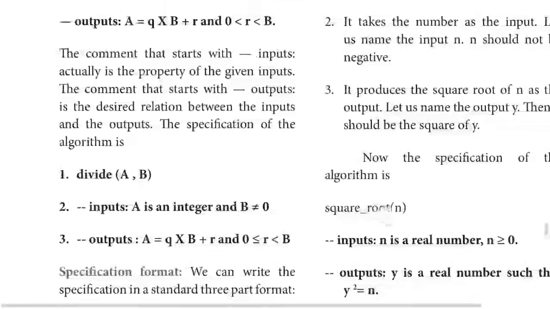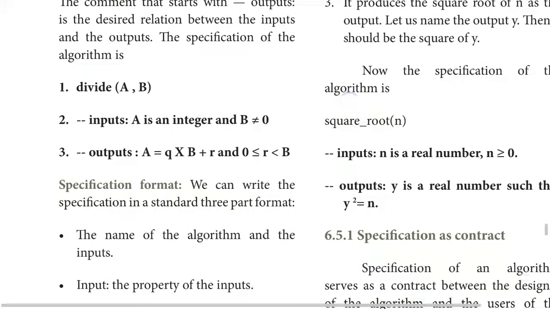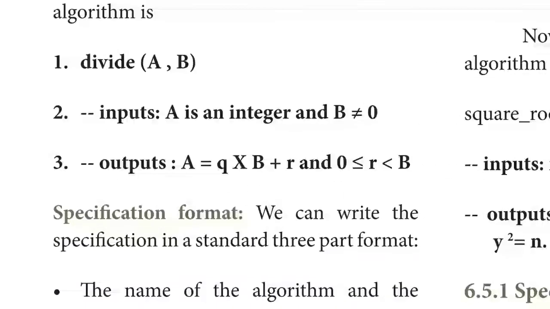Like this you can give some relation: output is the multiplication of the quotient, and the remainder must be in between 0 and the divisor, that is, 0 to the number by which we divide. So by this you can see divide a comma b, input is an integer and output is the relationship.